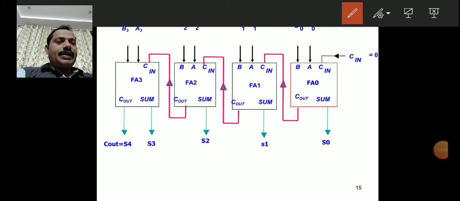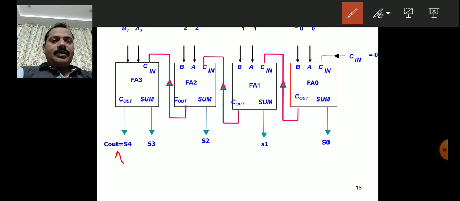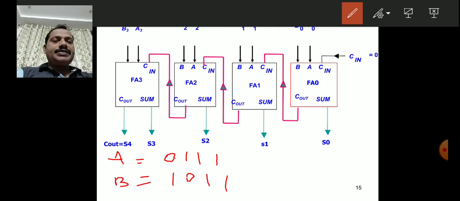Now let us take another example of parallel addition. Let us consider the addend and augend like this. Number A is 0 1 1 1. Number B is 1 0 1 1. Let us analyze the addition process.